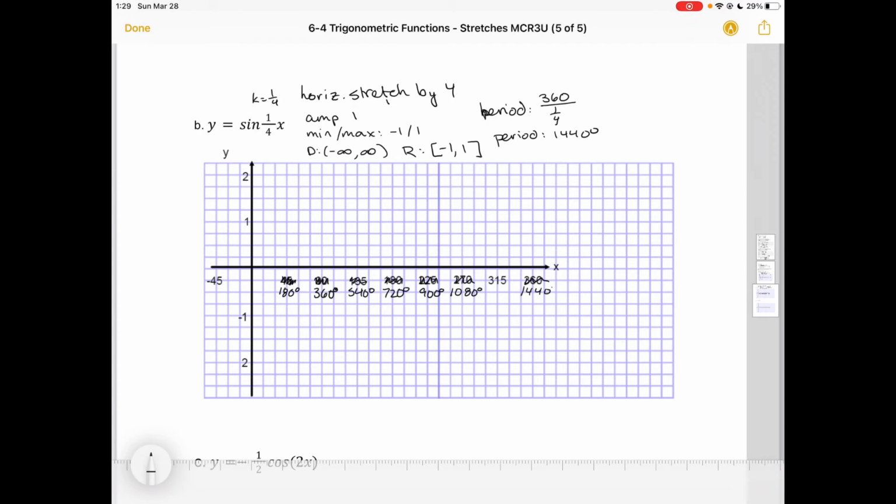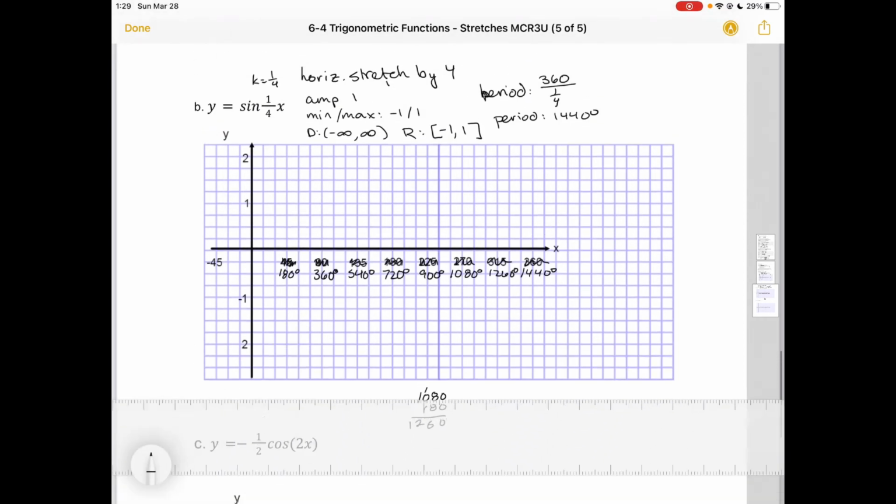This one is going to be 1440. And what's in the middle of that? 1080 plus 180, so 1260. So I've just modified my scale there because it wasn't really going to work with my horizontal stretch.